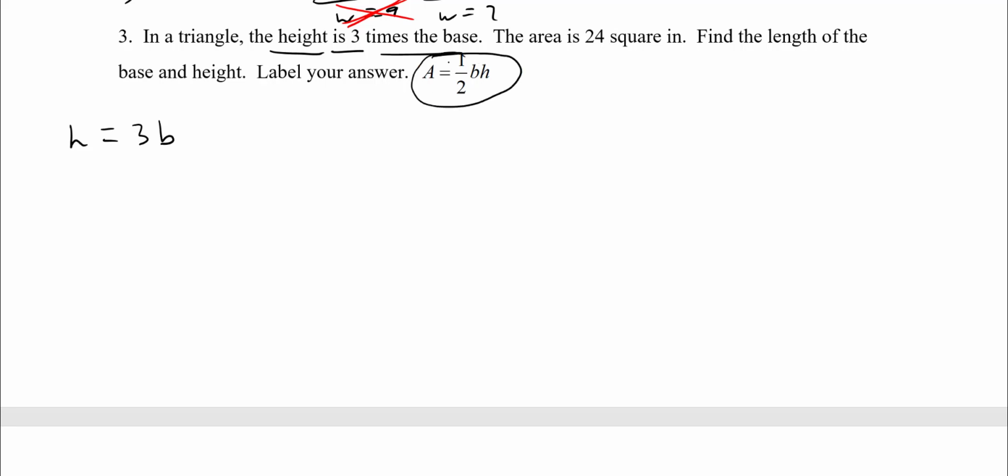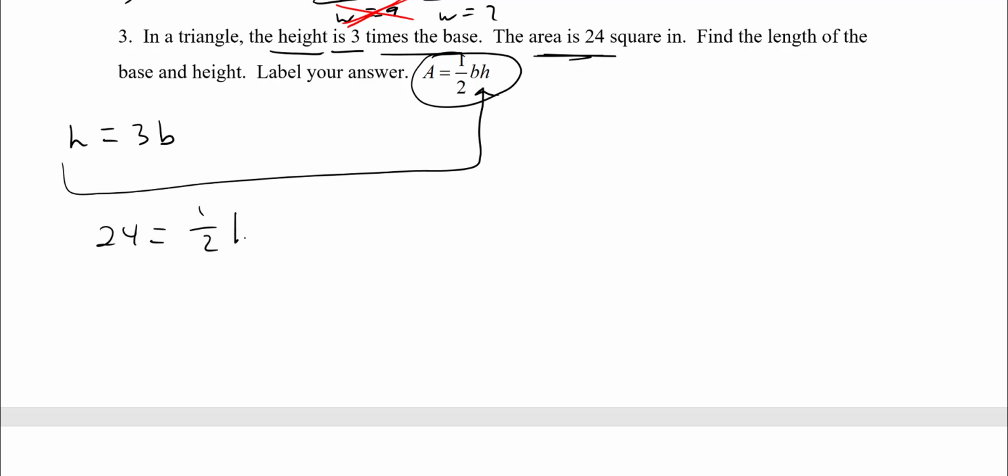Area equals 1/2 base times height. So I'm going to take that H, and I'm going to plug it into that H. And I know the area is 24. So here we go. 24 equals 1/2 base times height, which is 3b. Right? H is 3b. So I plugged in where I saw an H, I plug in 3b.